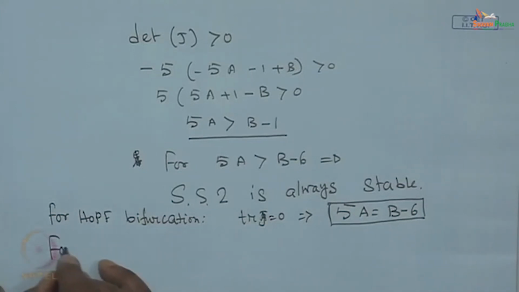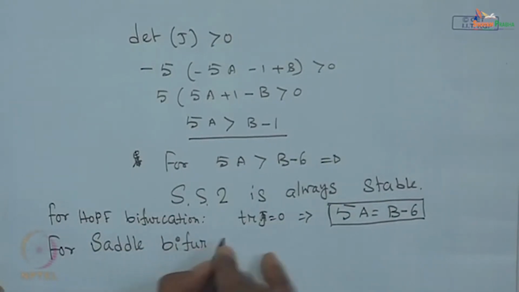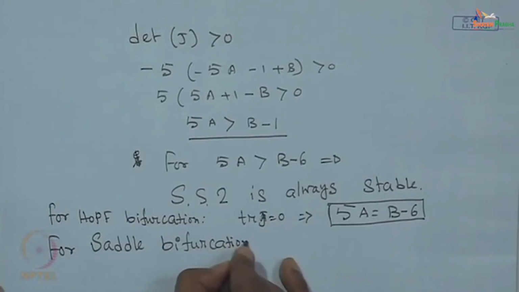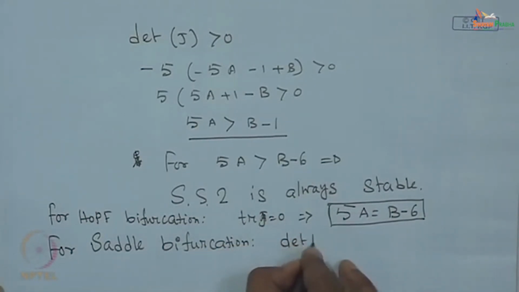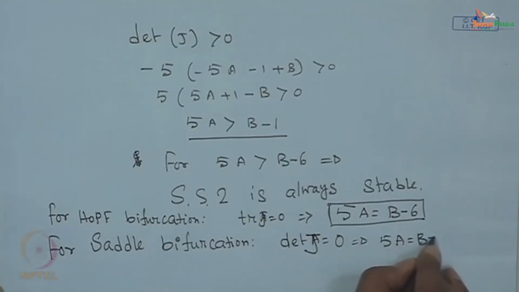Similarly, one can get the saddle node bifurcation point. For the saddle node bifurcation point, the determinant of the Jacobian matrix should be equal to 0, and we will be having 5a equal to b minus 1. So, that is the condition for saddle node bifurcation.